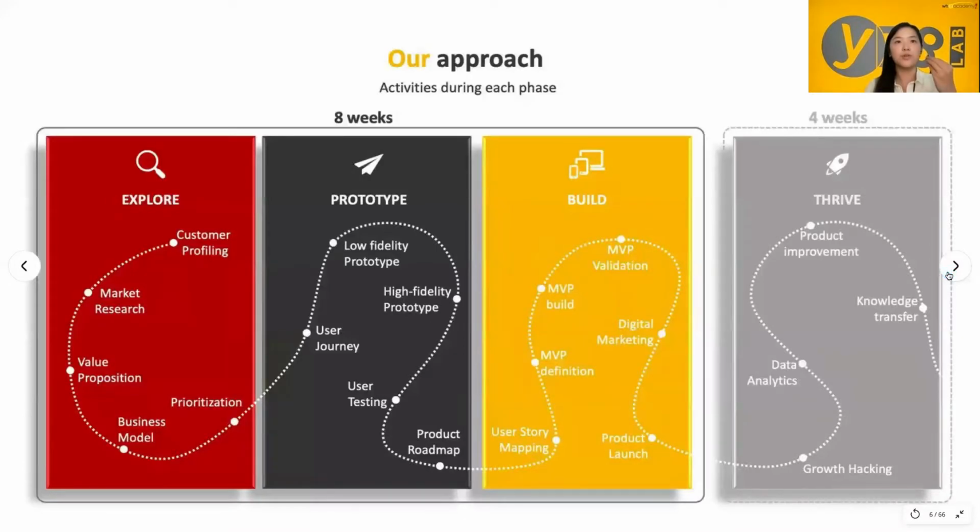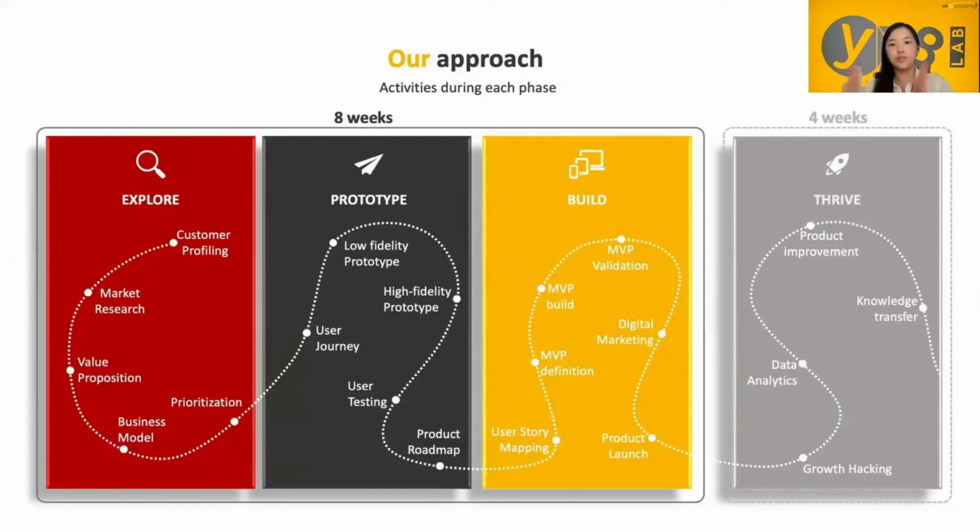So just a quick look into the roadmap of the Digital Factory. Like I mentioned, in Explore, we'll do a lot of research. All the legwork will be done here. So for example, customer profiling, market research, value proposition, we'll prioritize, take a look at your business model. We'll really pump all of those up. Then we'll move on to the prototype.